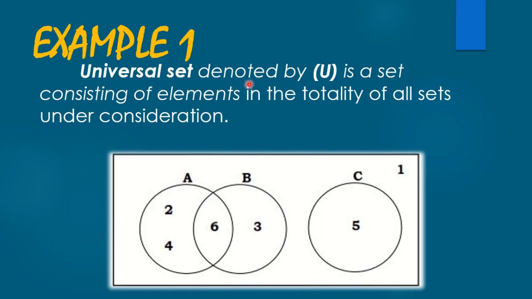The universal set, which is denoted by capital letter U, is a set consisting of elements in the totality of all sets under consideration. So this simply means the sample space. We have 1, 2, 3, 4, 5, and 6, those are the outcomes in a die experiment. So again, the universal set is equal to 1, 2, 3, 4, 5, 6.